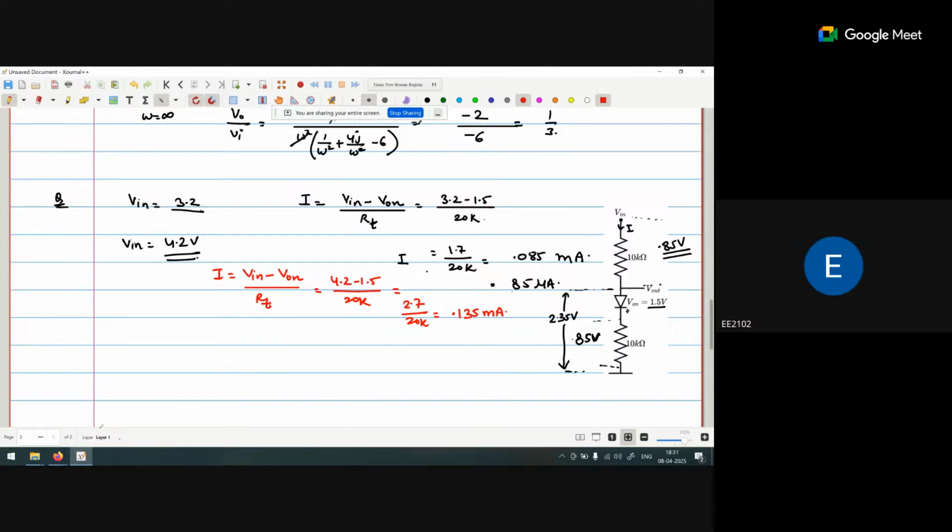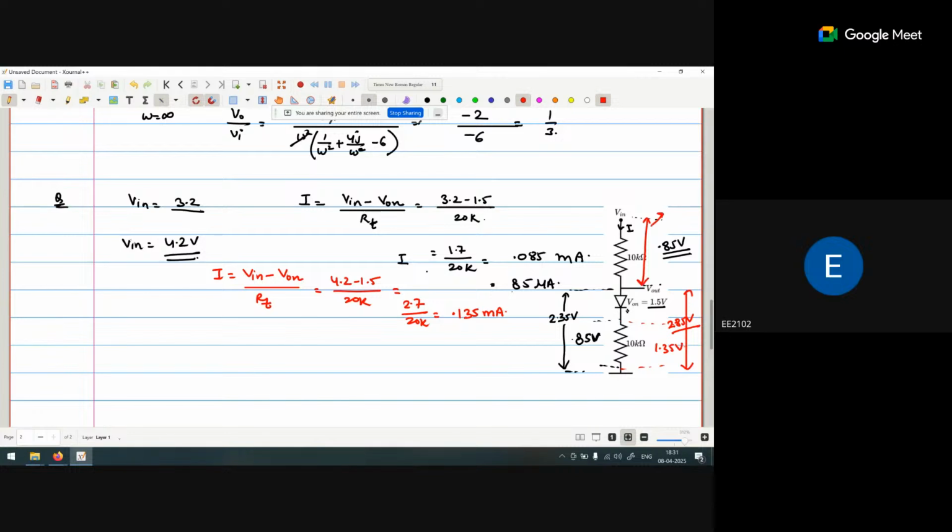Okay, if 0.135 milliampere current is flowing, the voltage drop across this resistance is 1.35 volt, and the voltage at this point is 2.85 volt. Okay, the remaining voltage will be dropped here.